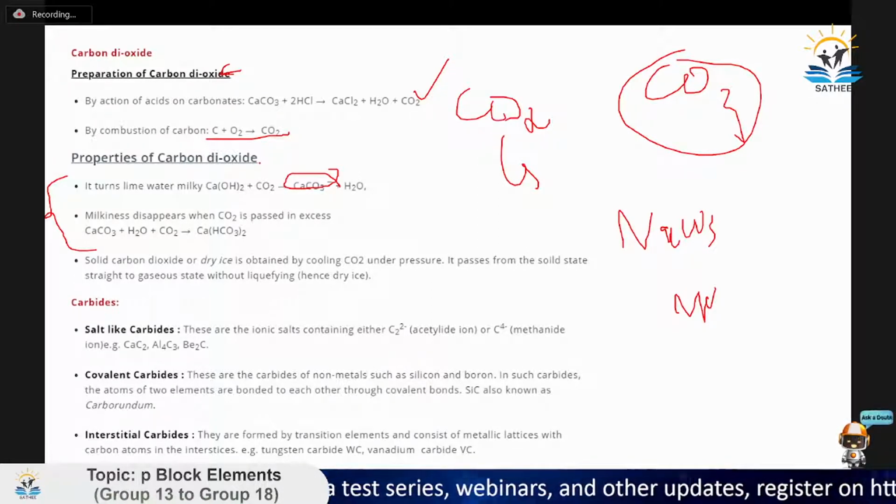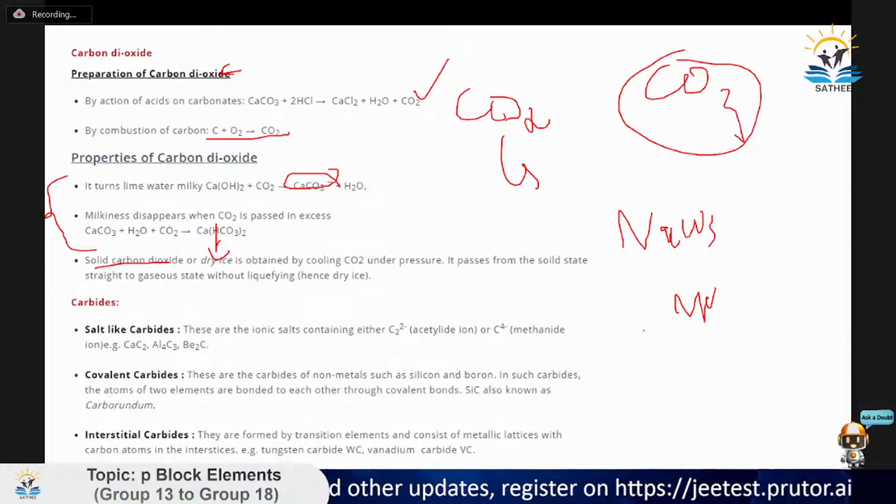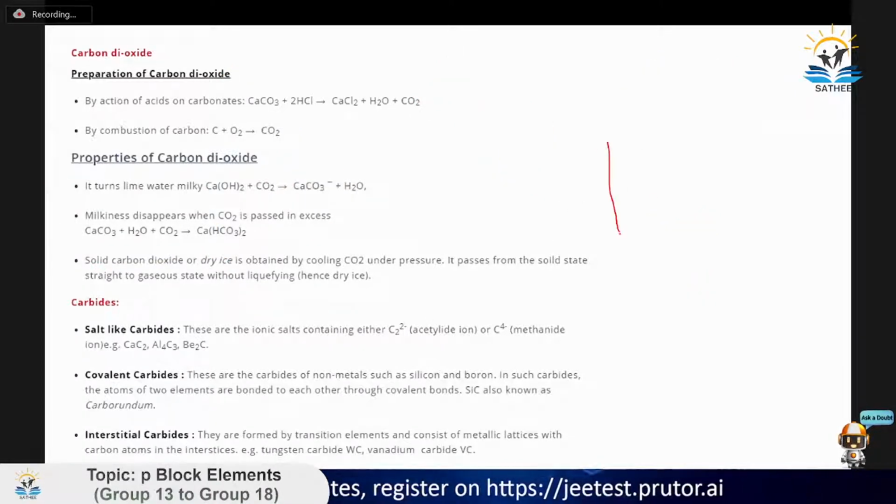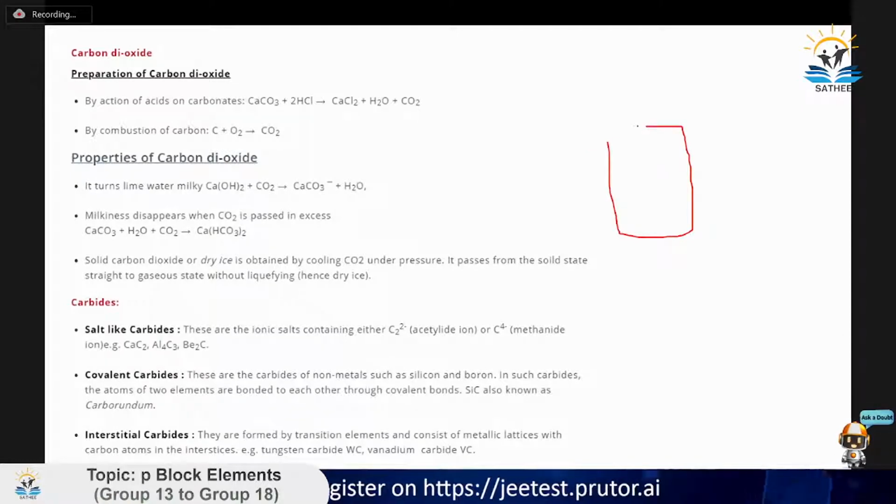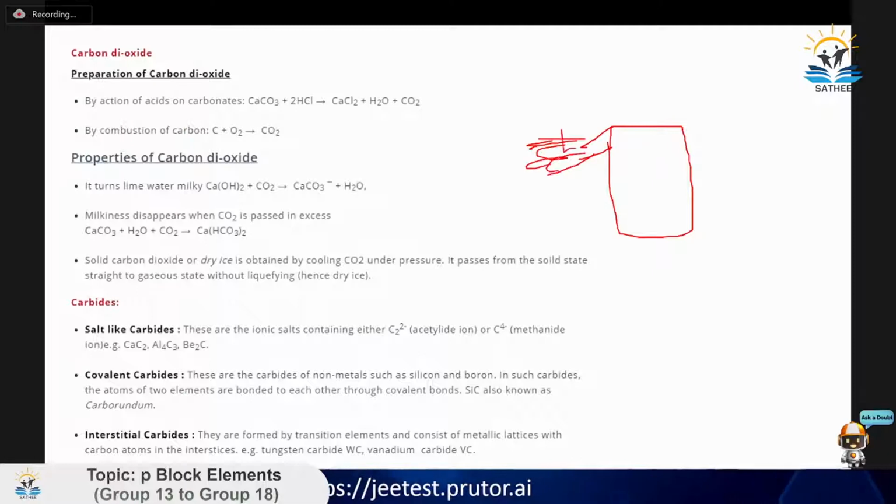And dry ice, which is basically solid carbon dioxide, which we see in our fire extinguisher. If you have seen a fire extinguisher, some white thing comes out, and wherever there's fire, it puts a stop to that fire.